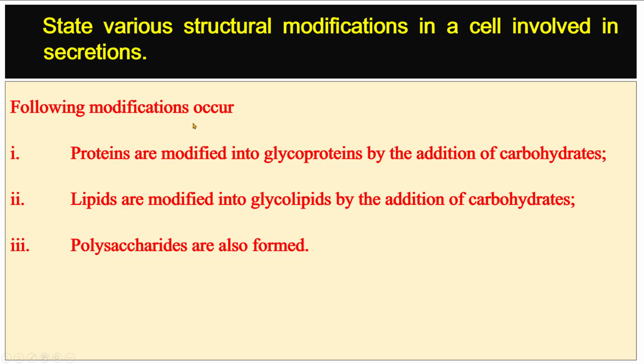Following modifications occur. Number 1. Proteins are modified into glycoproteins by the addition of carbohydrates. Number 2. Lipids are modified into glycolipids by the addition of carbohydrates. Number 3. Polysaccharides are also formed.